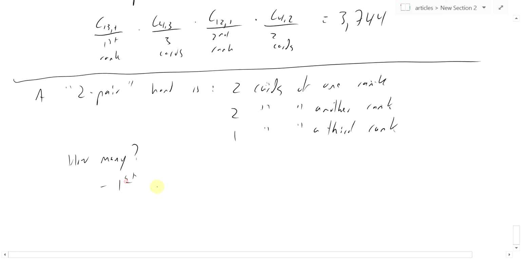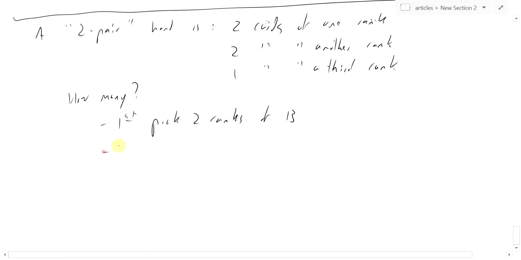First, pick 2 ranks of 13. Second step, pick 2 cards from one of these ranks. So you pick 2 ranks, say 10 and ace, and you pick 2 10s.